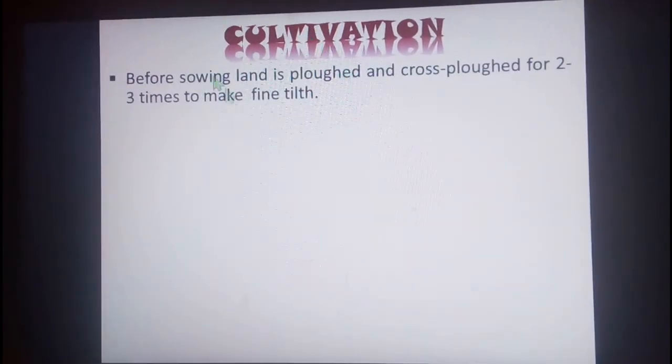Now we will come to the cultivation. Before sowing, the land is plowed and cross plowed 2 to 3 times to make a fine tilth, a fine preparation for cultivation.